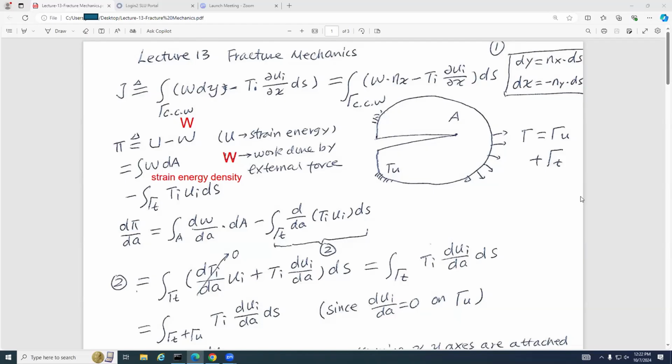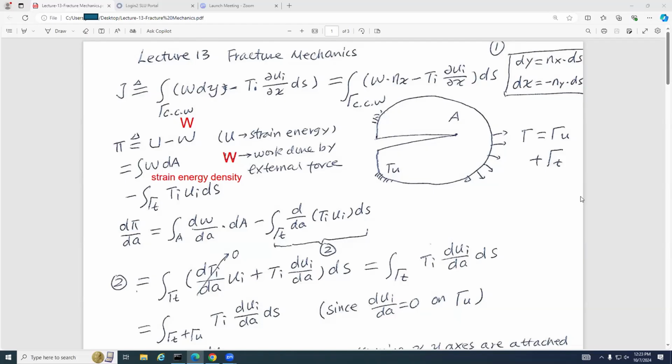As I said last time, when I write with my hands, omega and W are very difficult to tell apart. But I put capital W for work, and here is omega. Omega is the strain energy density, multiplied by dA, the area. Area multiplied by density equals the strain energy.